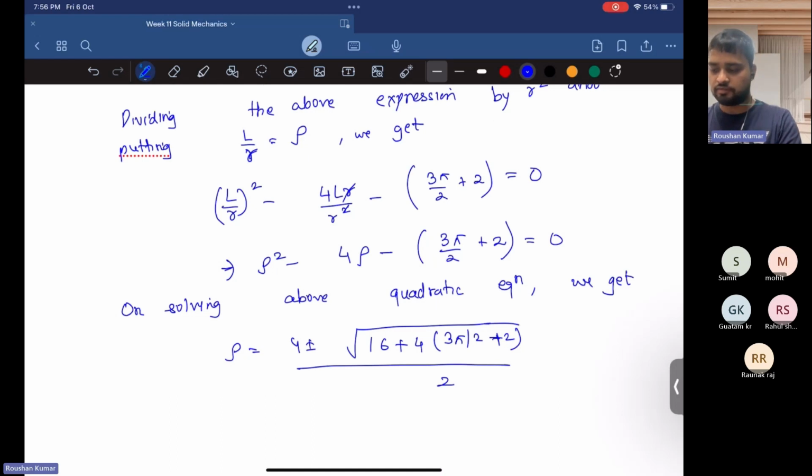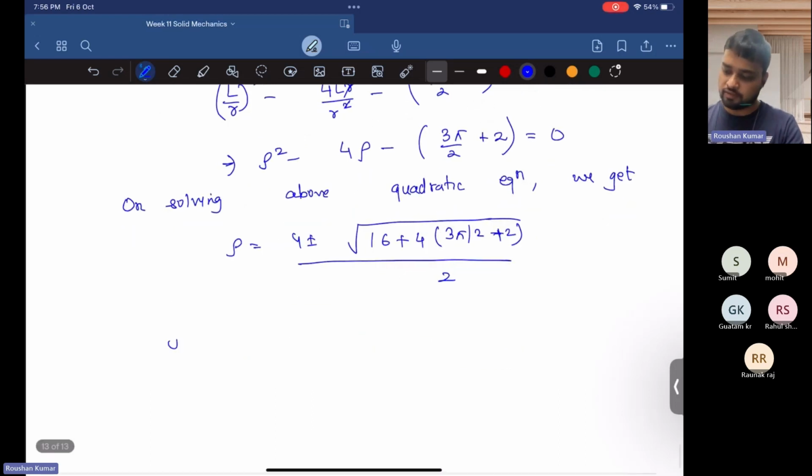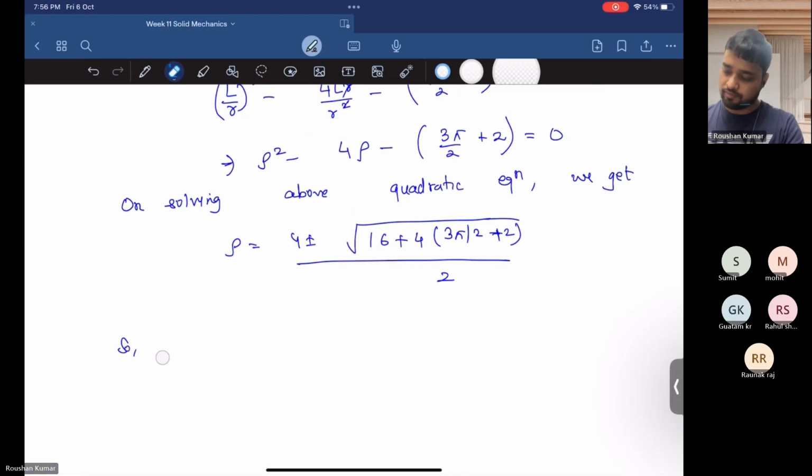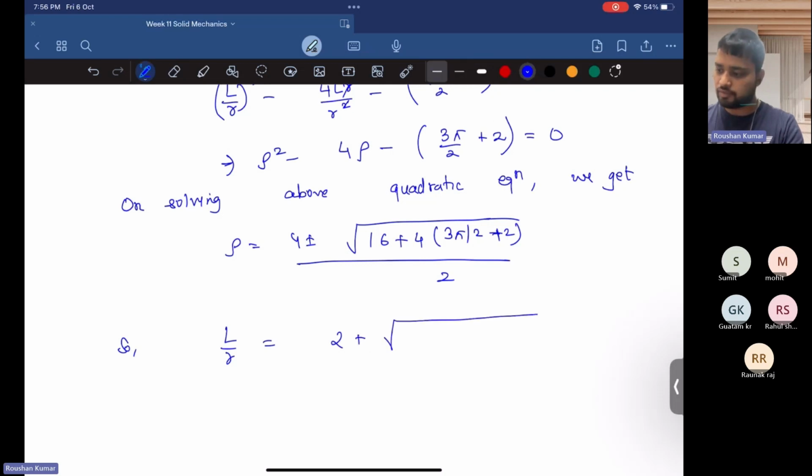So we are neglecting the negative root; rho, the ratio of big L to small r, can't be negative. Therefore, we are only taking the positive value. So the final ratio of big L to small r will be given by 4 plus under root 16 plus 4 times (3 pi by 2 plus 2), over 2.